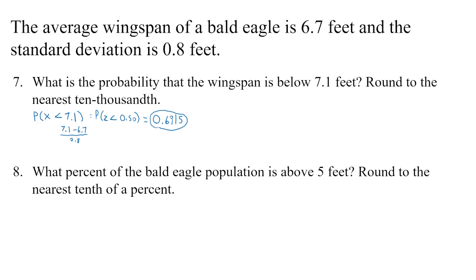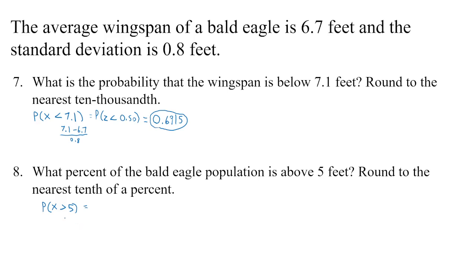Now look at number 8. It says, what percent of the bald eagle population is above 5 feet? Round to the nearest tenth of a percent. So watch this now. They're asking for a percent. But still, we're going to write out what this means. Above 5 meaning the probability that x is greater than 5.